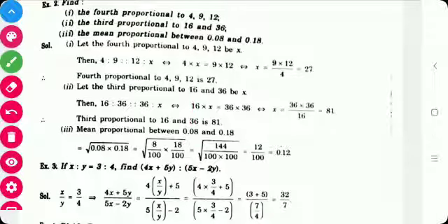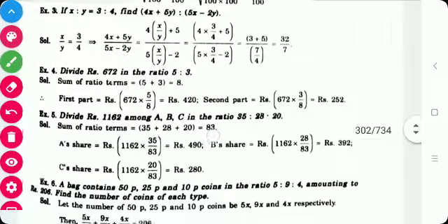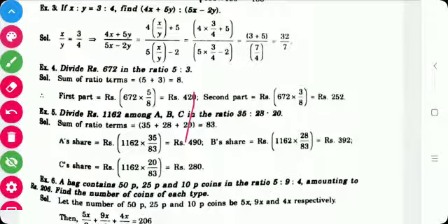Next example is: if x is to y is 3 is to 4, find 4x plus y is to 5x minus 2y. We are given x upon y equals 3 upon 4. So we divide by y: 4x upon y plus 1 is to 5x upon y minus 2.